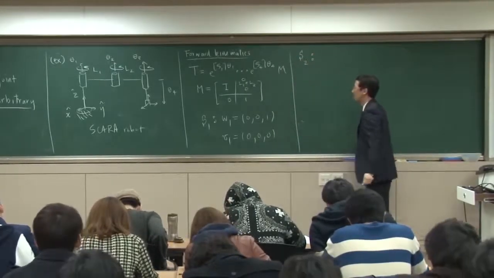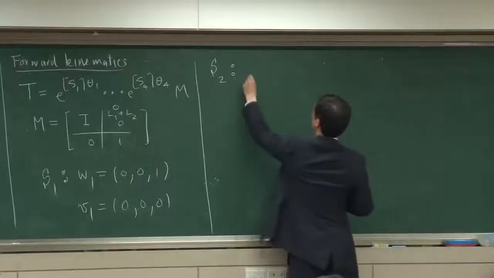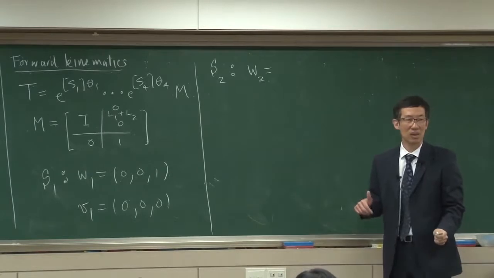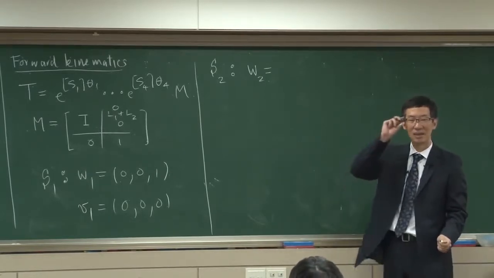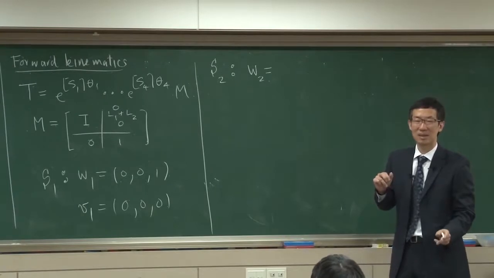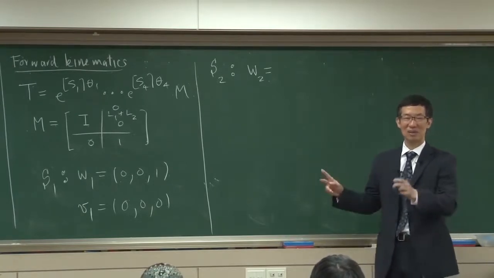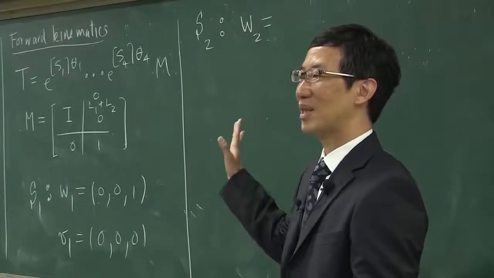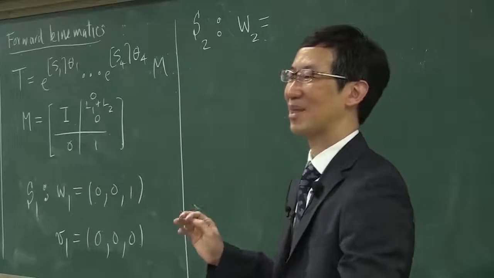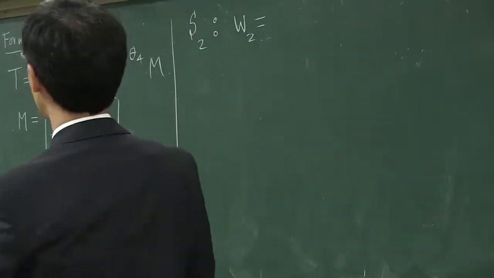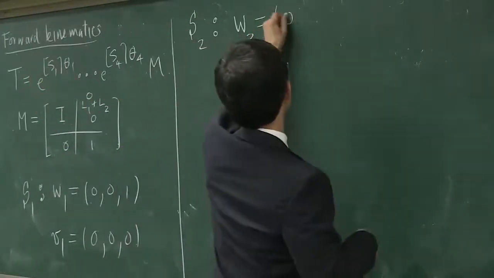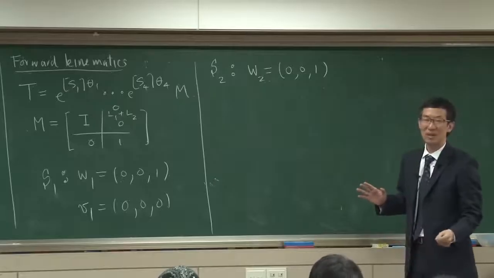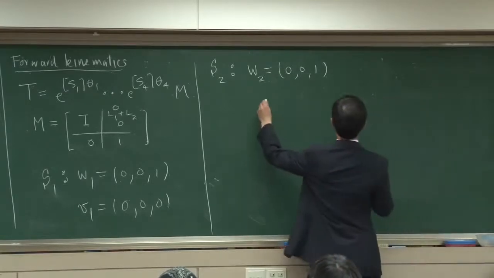S2. Omega 2, it's a revolute joint, points in the z-axis. So it's either one of two things: either you forgot, or it's so easy that you're insulted by my asking you this question. I think maybe it's the latter. It's 0, 0, 1. V2. Well, I guess we should write Q2 first.